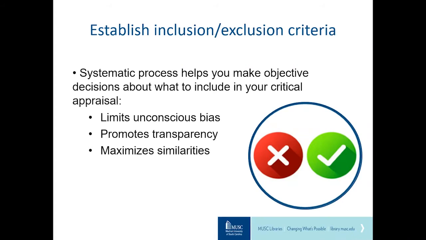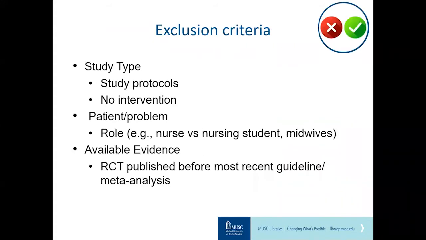So let's take a look at a few examples, and then we'll talk about how I went through applying different inclusion and exclusion criteria to our practice scenario. Typical exclusions at this point are usually related to study type, patient or problem related factors, or exclusions based on the available evidence.